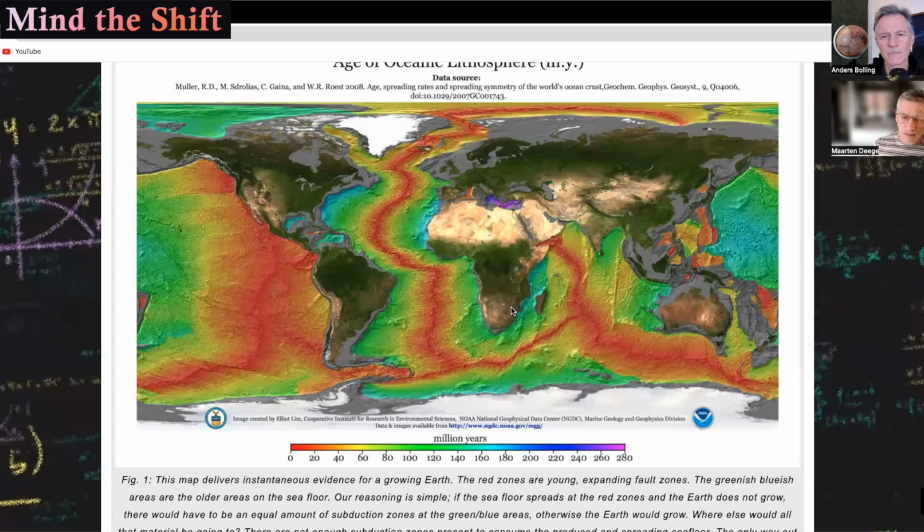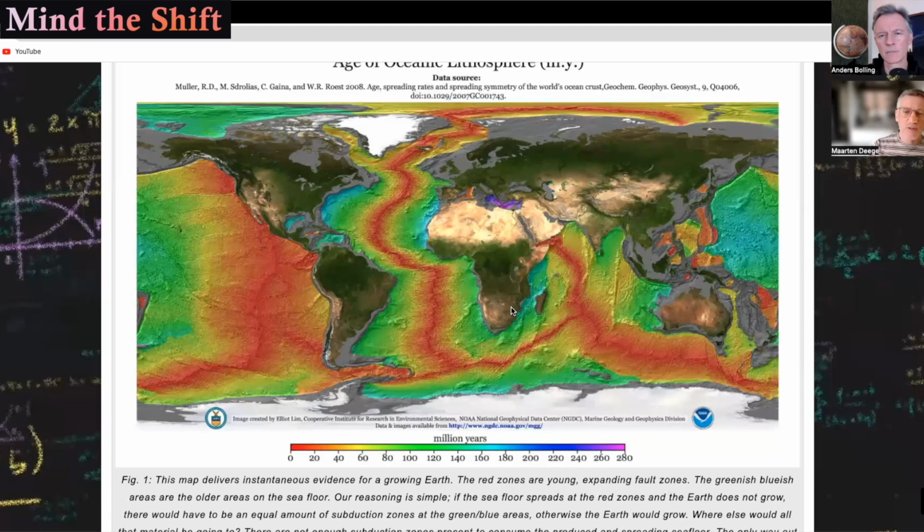I had some debates with expansionists about their ideas, because there is a problem with their theory of expansion, of timing the expansion. This isochronic map is made with a constant diameter in mind. So geologists made this with a constant diameter in mind. This is important to understand.